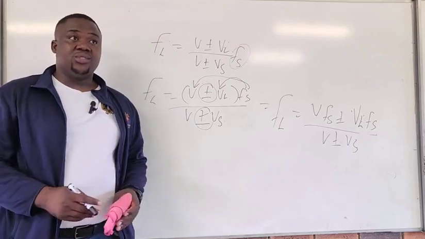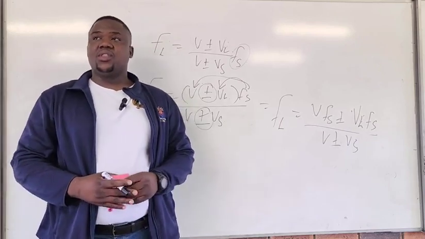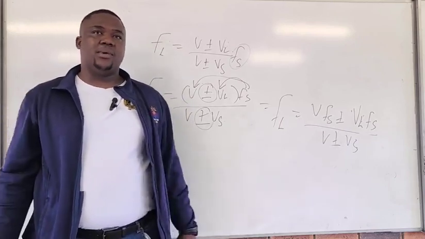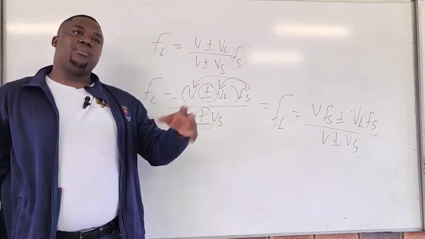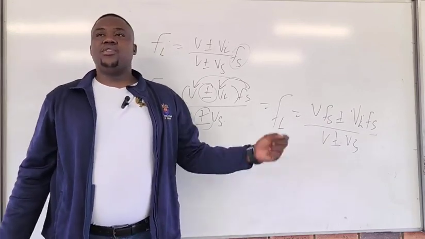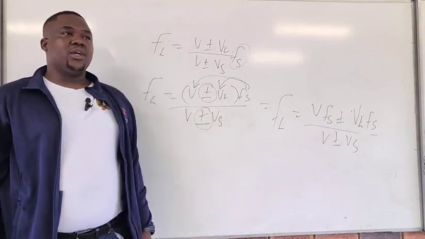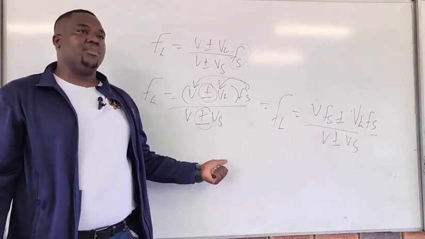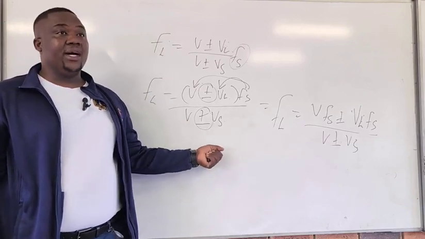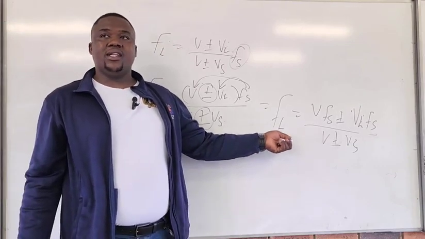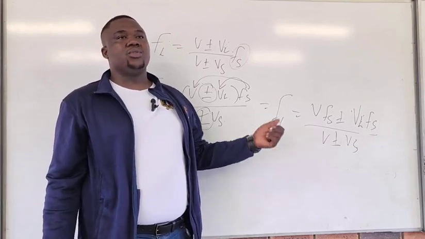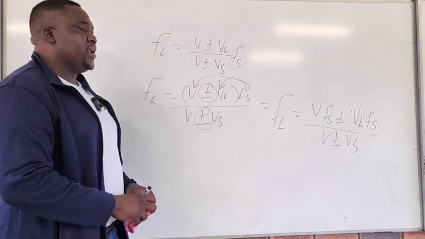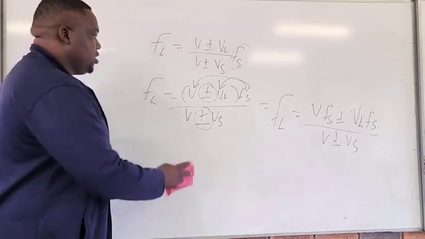The same applies when we are dealing with the quadratic formula where we have a plus or minus. We start by writing plus, then we go back and remove the plus, put the minus, then we get two answers. But with this scenario of Doppler's effect, we do not have two answers. It means it's either we're going to have a plus, or we're going to have a minus. When do we know what to do?